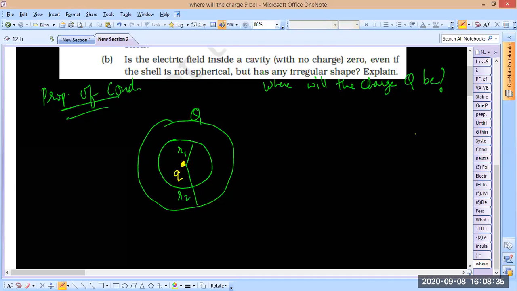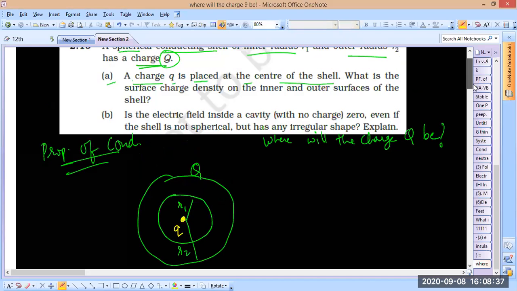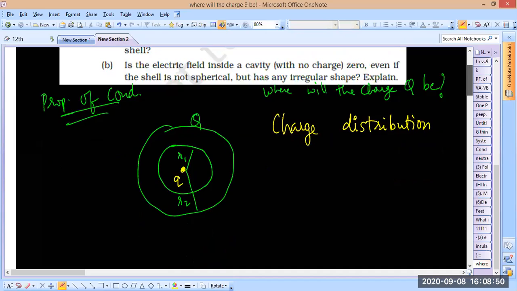So I hope you remember that these charges will change. That is, the charge distribution will change, right? So now the question, how much charge will come on the inner surface? Come on, people, how much charge on this inner surface?